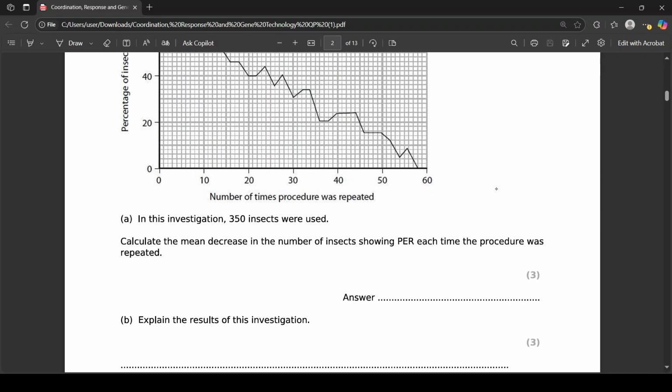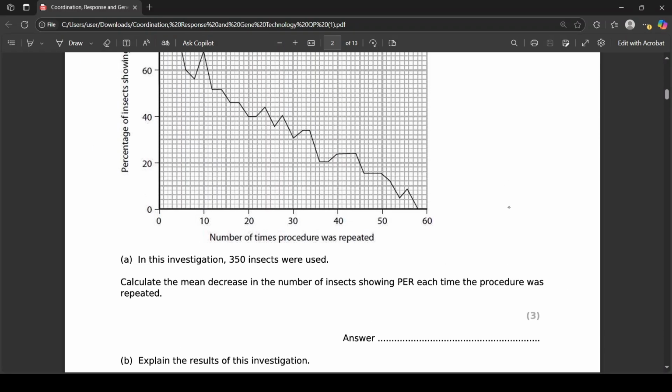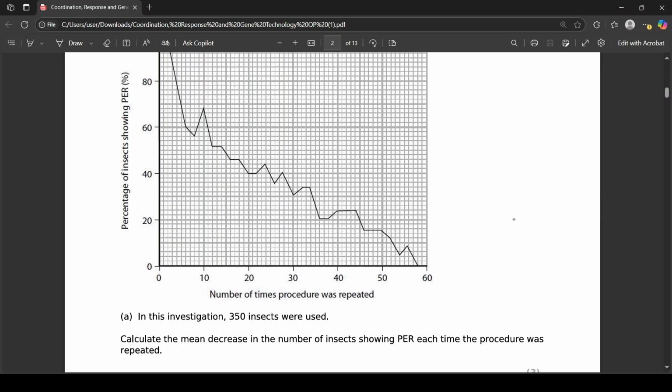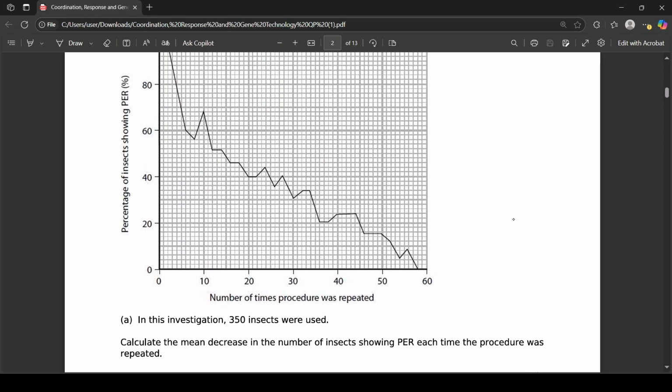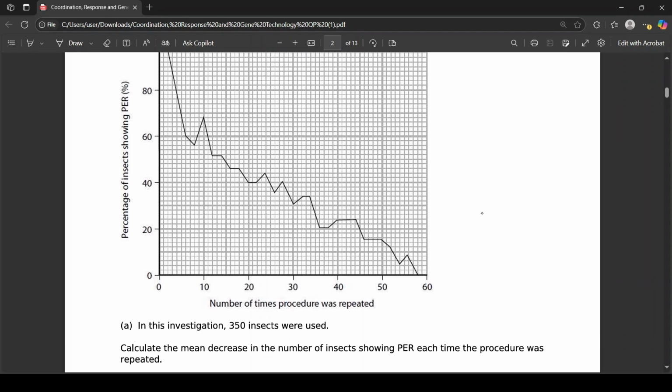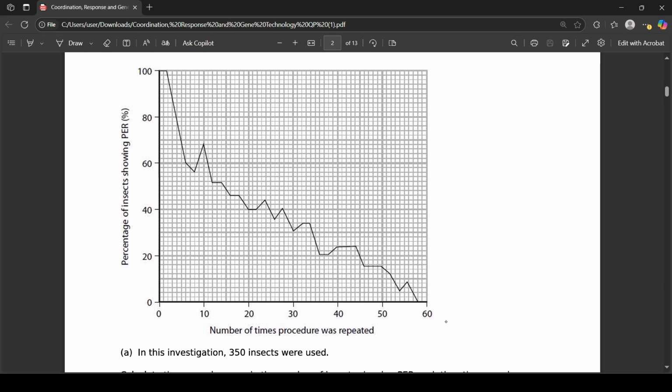In this investigation 350 insects were used.